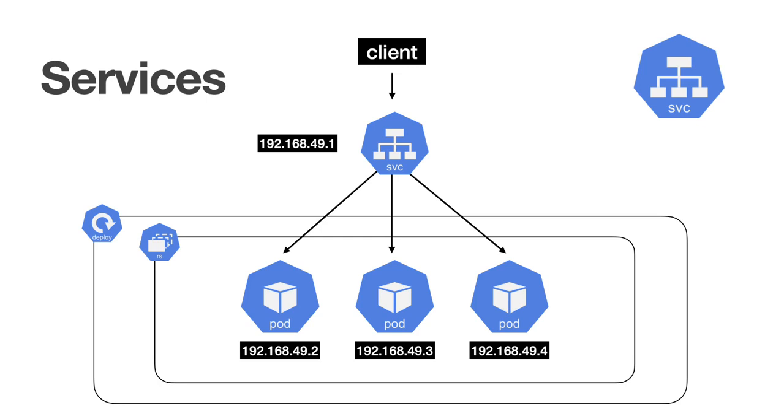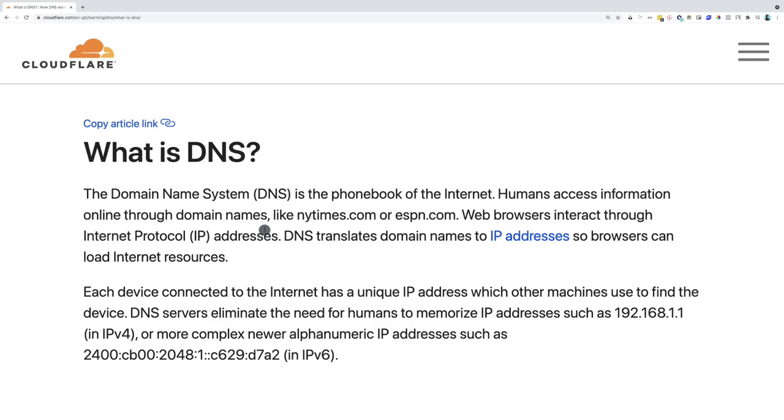So what is DNS? Let me quickly show you the definition of DNS before we proceed. In this Cloudflare blog, they explain what DNS is, and I'm going to leave a link in the description of this video so you can follow along. Basically, DNS stands for Domain Name System, DNS for short, and it's the phone book of the internet.